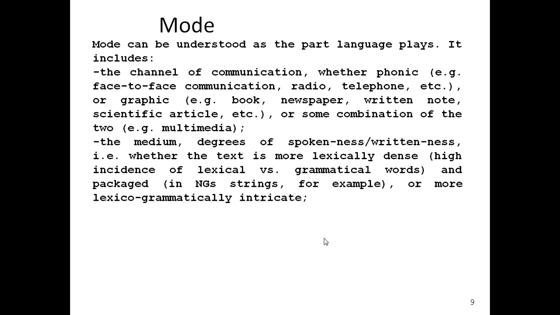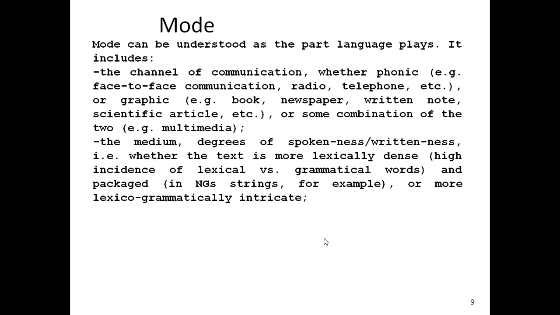But that's not spontaneous speech. That's pre-prepared, and it's usually written to be spoken. So the people we see on the news are actually reading. So what they're doing is use a channel that's phonic and a medium that's written.